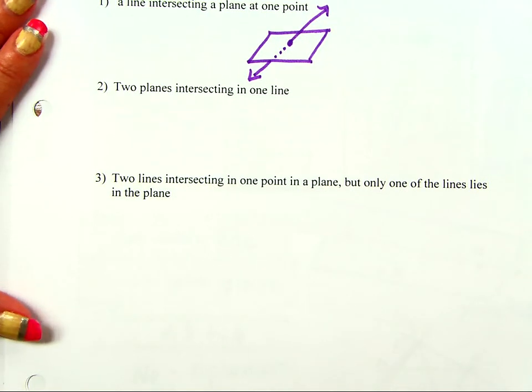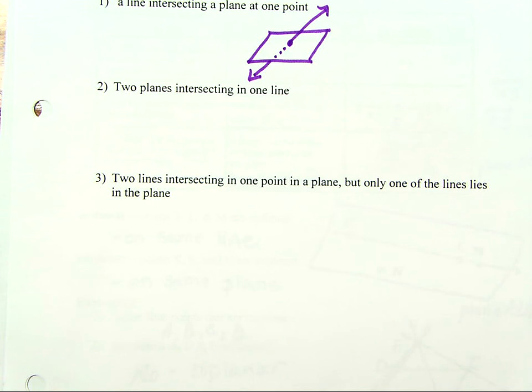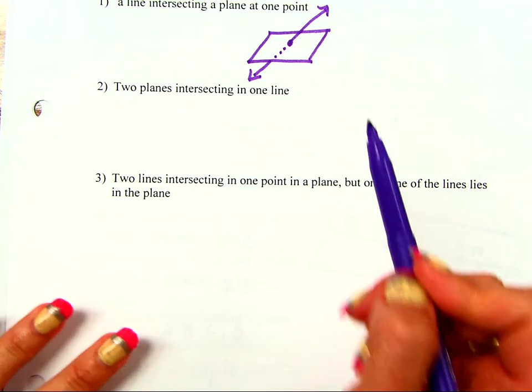Question 2 is asking me to sketch two planes intersecting in one line. Now that one can be kind of tricky to try and sketch. We'll see how we can do here.